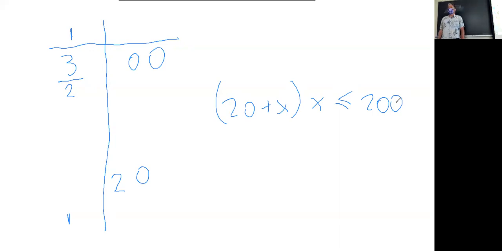What's the biggest x for that's true? Oh, I know what the square root of 3 is, right? It's 1.7. So the answer must be 7. Is that true? What's 27 times 7? Oops. 27 times 7, 189. Yes, it is true.